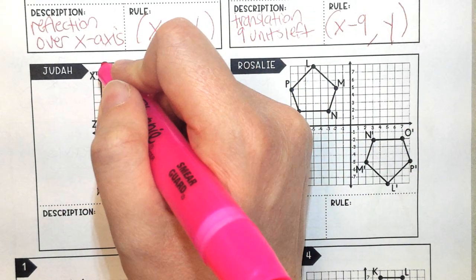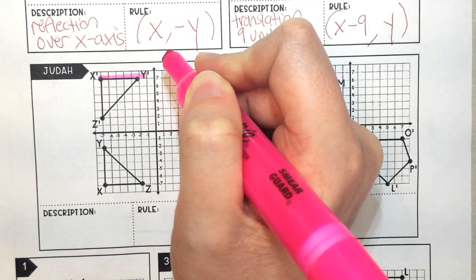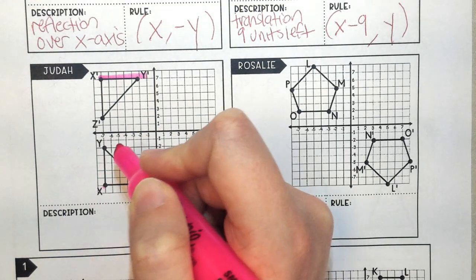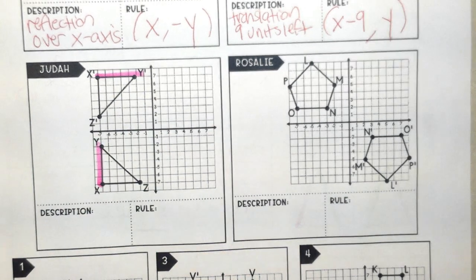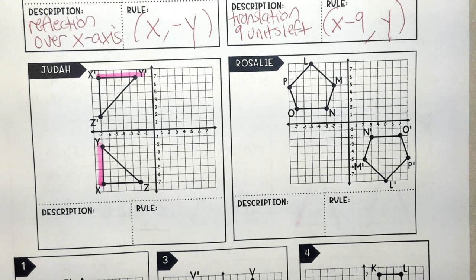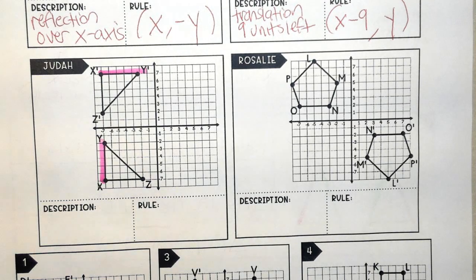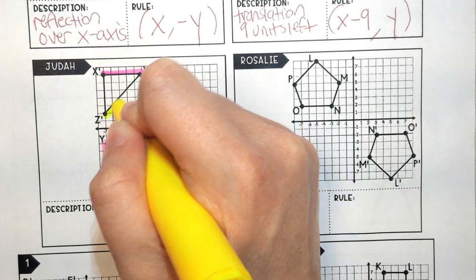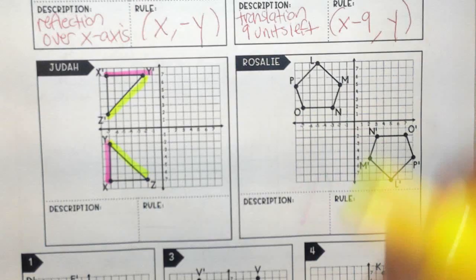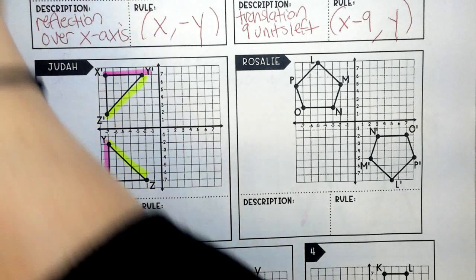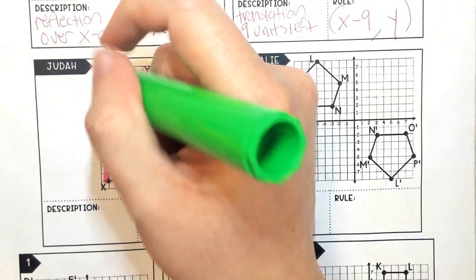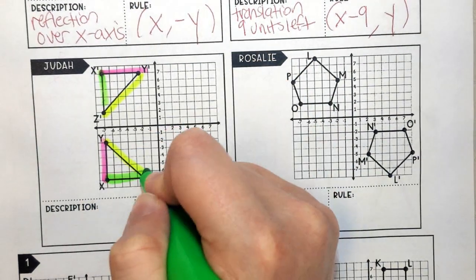However, if you actually highlight your X and Y and my X and Y, you will notice those are not flipping. Okay, some people were just highlighting this side and being like, oh, yep, it flipped, and stopping. But no, if you look at the rest of them, you can tell it wasn't a flip.